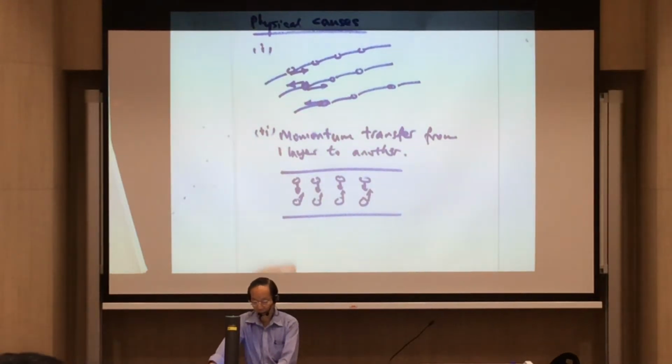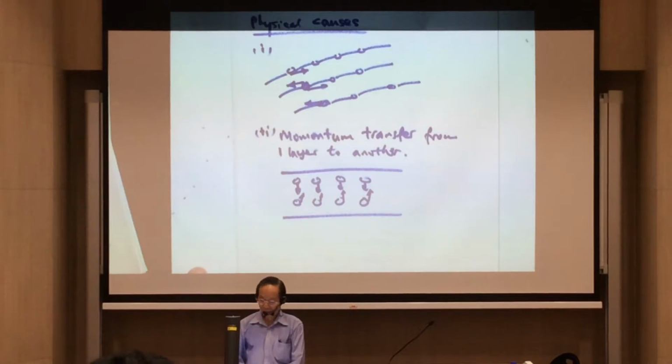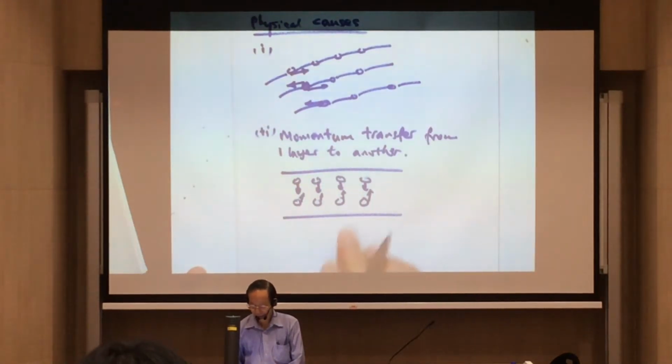And of course, you can write something with a little explanation of this. I just want to do a sketch; I don't write everything down. So we have fluid particles in this layer and fluid particles in this layer, and this layer could be further from the wall.